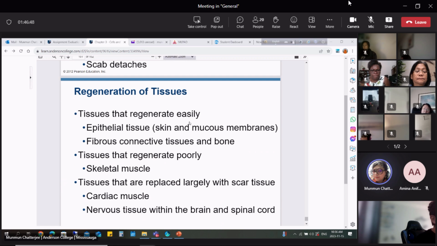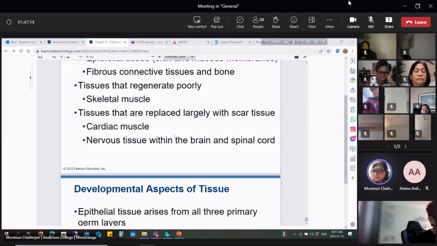Any damage in the cardiac muscle or in the brain, that's why they are more sensitive. They cannot regenerate like the skin tissue, which is easy. So what happens? In the cardiac muscle, any lack of oxygen, angina, anything, less blood supply, it doesn't heal properly or quickly. So it forms a scar tissue. Then that area becomes hard. That's the problem. The heart cannot function properly, as it pumped properly before.